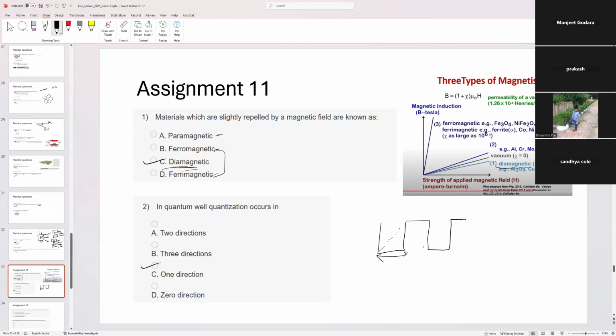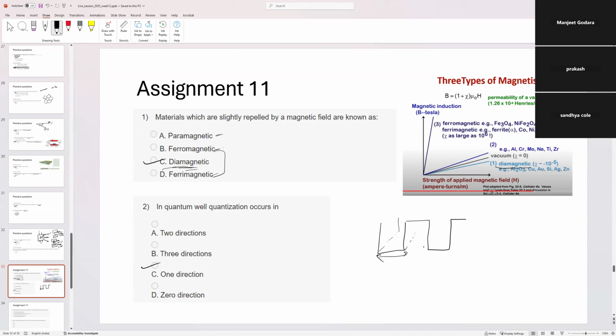Like the second dimension is large. Only this dimension is quantized.